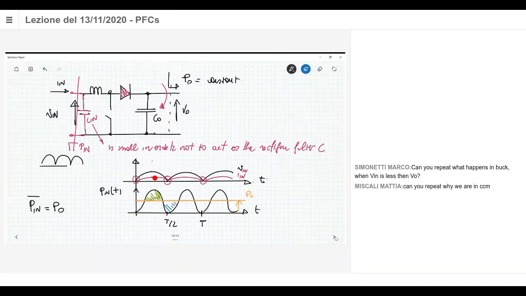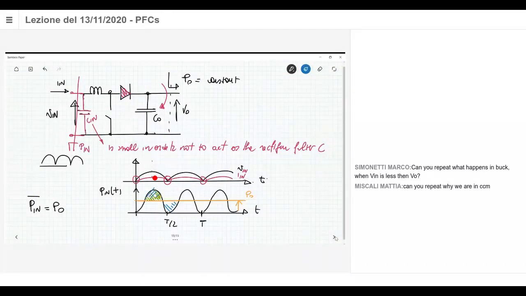So there is a time interval in which you have an excess of power, and the excess of power should be stored somewhere in the circuit. Then you have a time interval in which you have missing power. And so that means that at the output port, in order to have the power constant, the energy which was previously stored should be released to the load in order to have constant power.